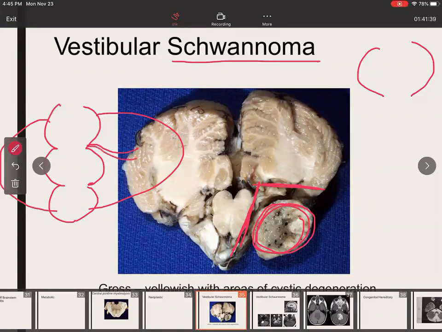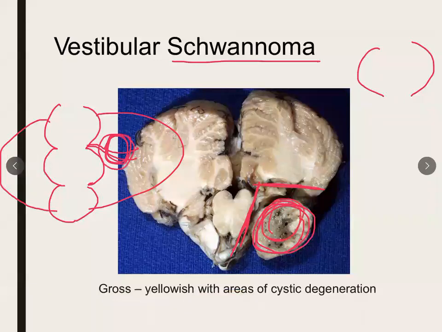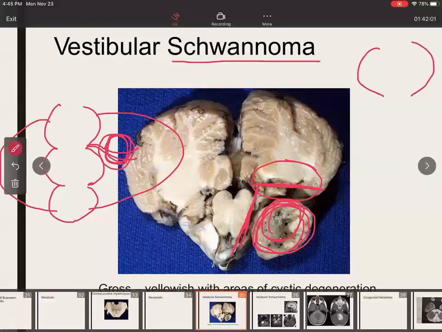Okay, so if you have, for example, a lesion in this region, it will compress cranial nerve number 8, causing hearing loss, and cranial nerve number 7 that will cause a facial palsy. And of course, the patient will also have cerebellar signs, okay? That is for your vestibular schwannoma, okay?